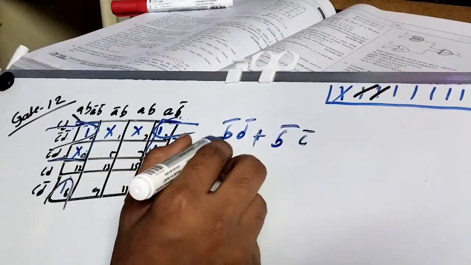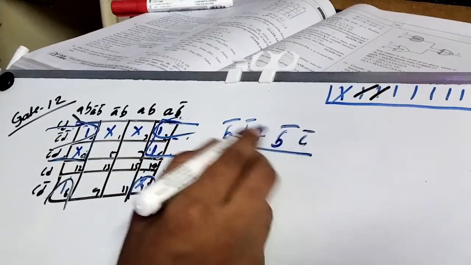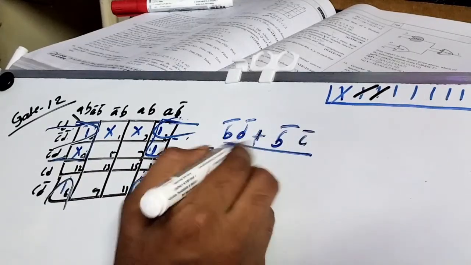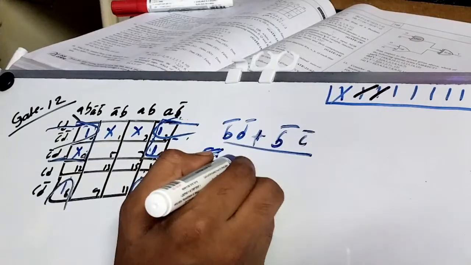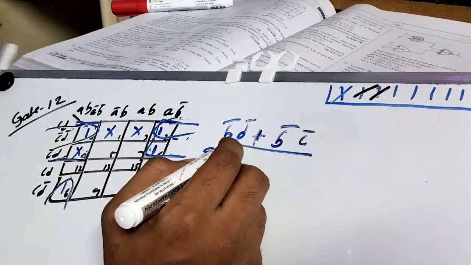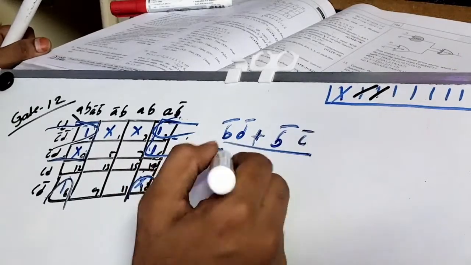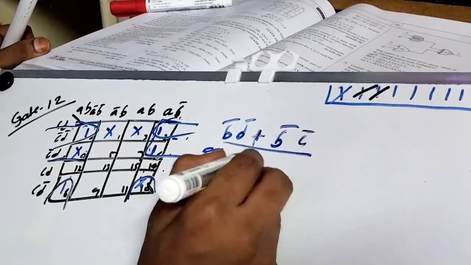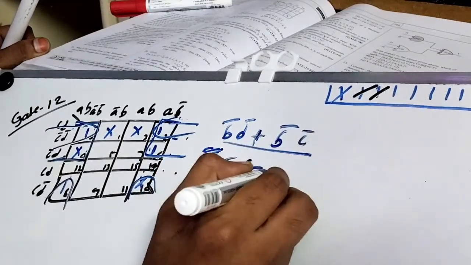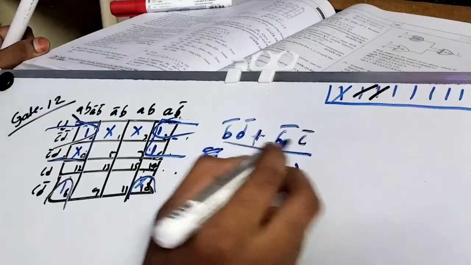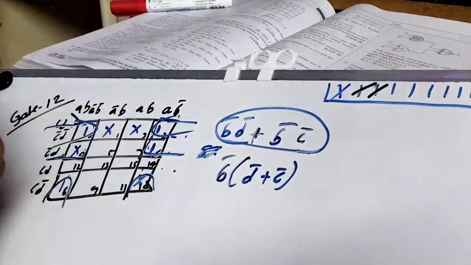Hence we can simplify to B bar plus C bar. That's fine. This is the answer.